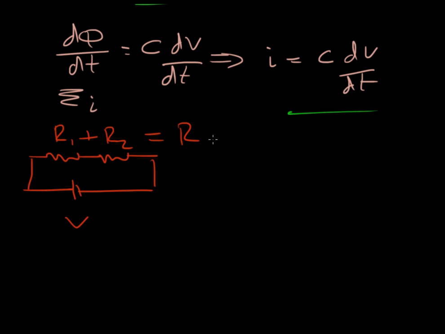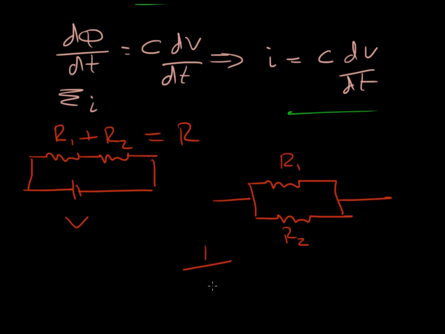I'm sure you remember that rule. Likewise, if I had two resistors in parallel instead of in series, with resistance R1 and resistance R2, the overall resistance follows this odd looking equation: 1 over R is 1 over R1 plus 1 over R2. So you probably remember that from your basic electricity.